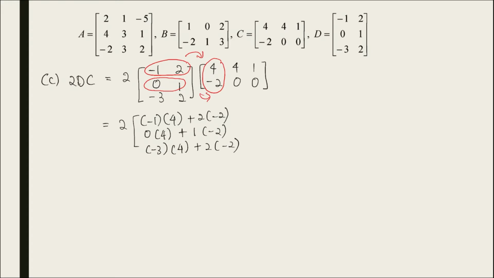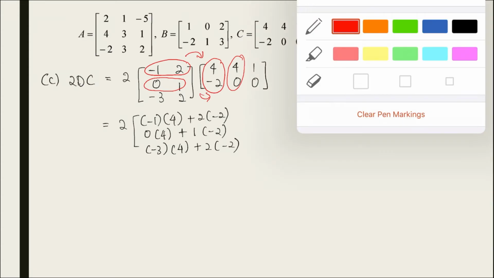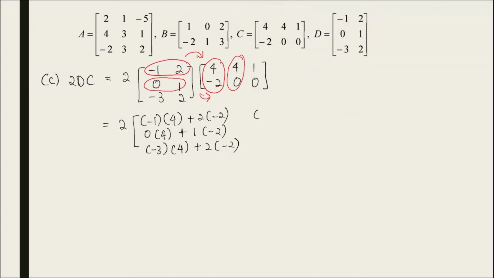Then we continue with the second column of C. So negative 1 times 4 plus 2 times 0, then 0 times 4 plus 1 times 0, negative 3 times 4 plus 2 times 0.